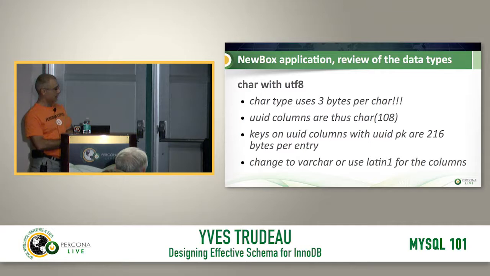Even though there's a length in it, when there's no 3 byte character, it will use just the required space. So even though a UUID never has 3 byte characters, with varchar it will use 37 instead of 36. Or best, for those columns that you know will never have 3 byte characters, you define them as latin1.